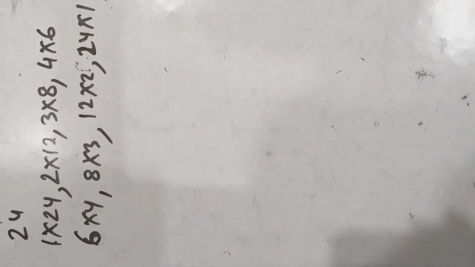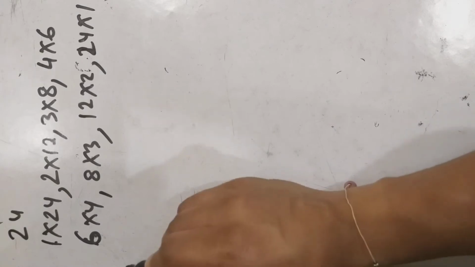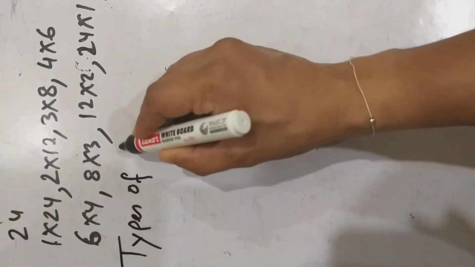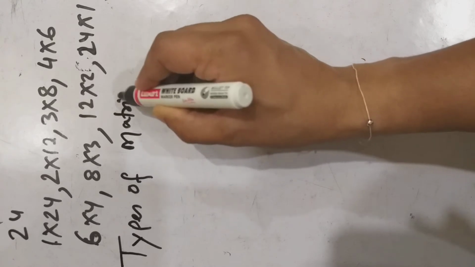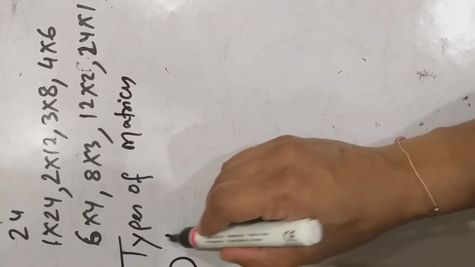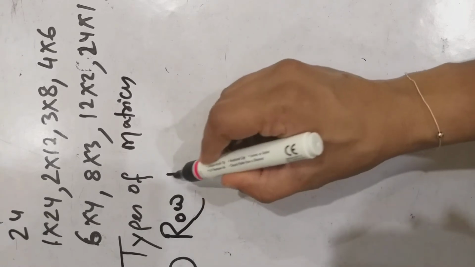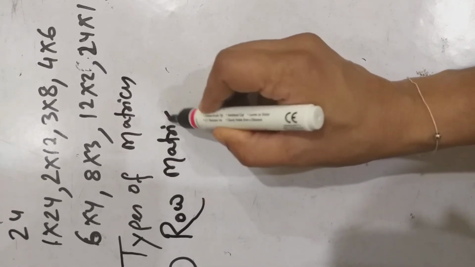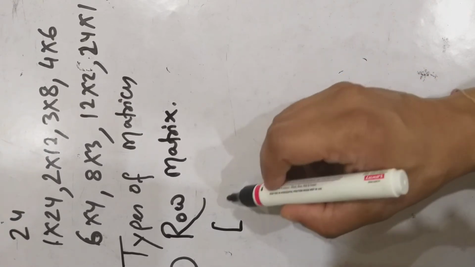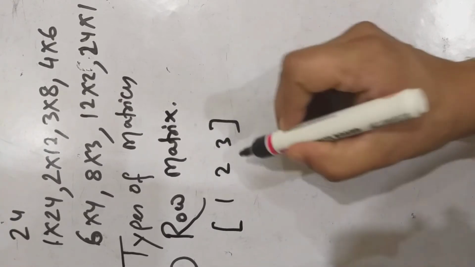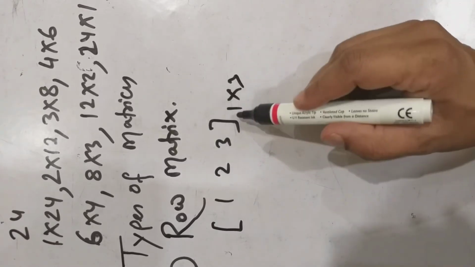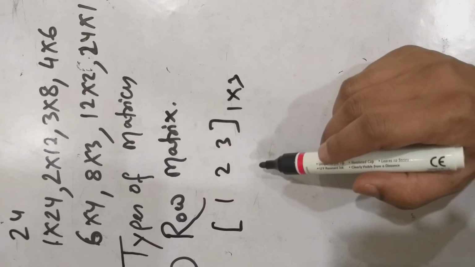Fine. Now let us go to types of matrices. The first of its kind is the row matrix. A row matrix is a matrix which has only one row, say 1, 2, 3. It has one row and 3 columns. So a matrix which has a single row is a row matrix.